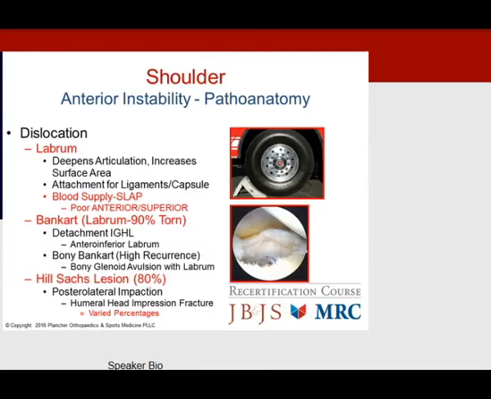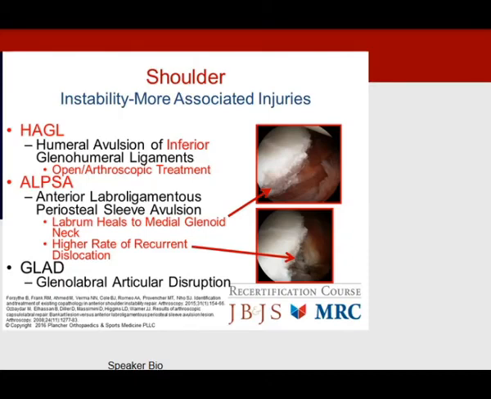When one does have a bony Bankart, in addition to the soft tissue, remember there's a high recurrence rate. And while it appears all the time, the Hill-Sachs lesion, that is that posterolateral impaction injury on the humeral head, it varies in percentages how much it is, rather than appearing 80% of the time.